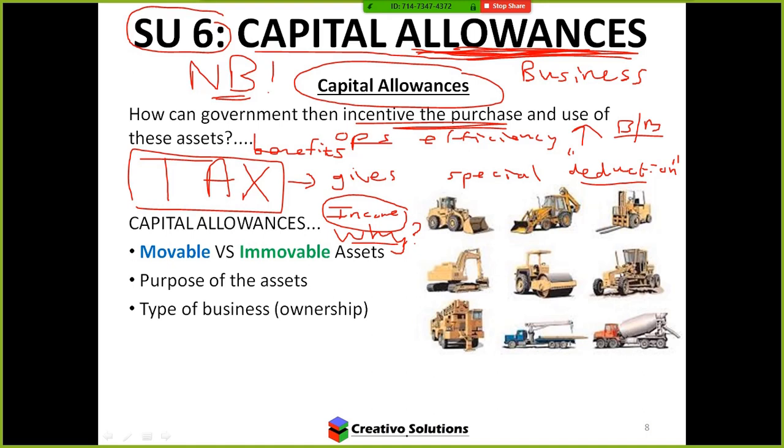When looking at this chapter, study unit 6, capital allowances apply to both movable and immovable assets. So land and buildings can even derive a capital allowance. And that's why you often see from time to time certain businesses either moving head offices or building their own head offices.